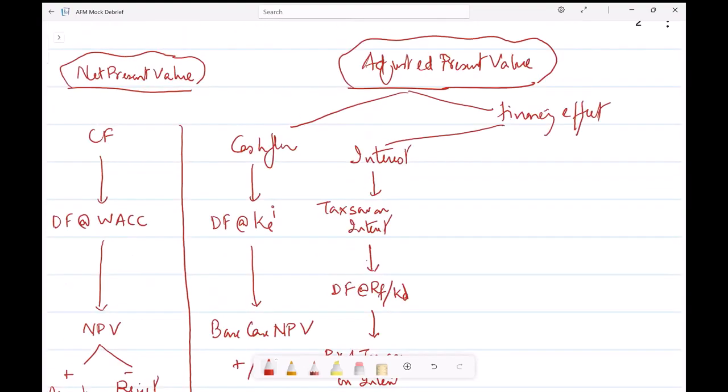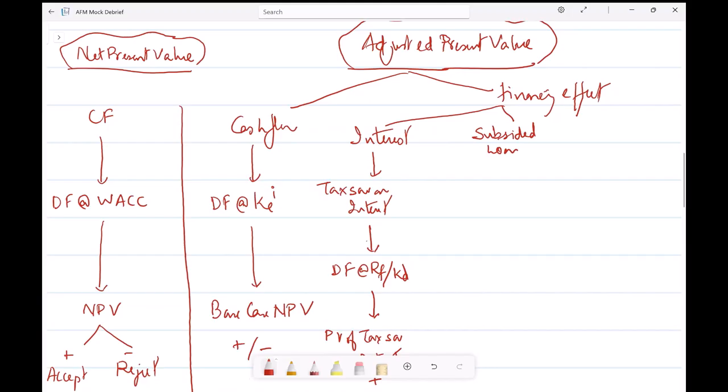The second part of financing is that we might have certain debt which is at a subsidized rate. We've got the subsidized loan, and on that subsidized loan we tend to save interest. On the interest that we have saved, we lose the tax relief, or we lose the tax shield.